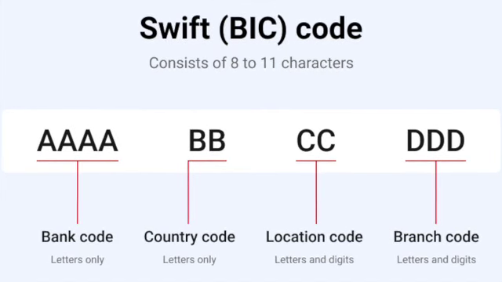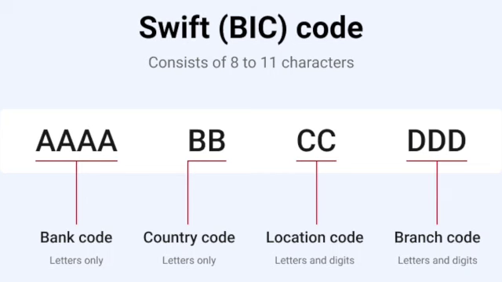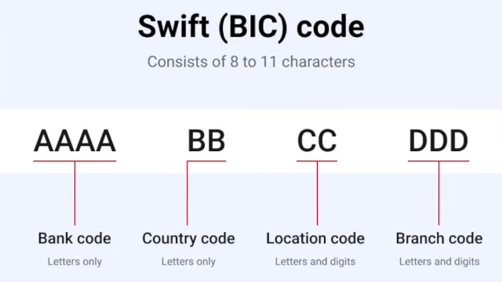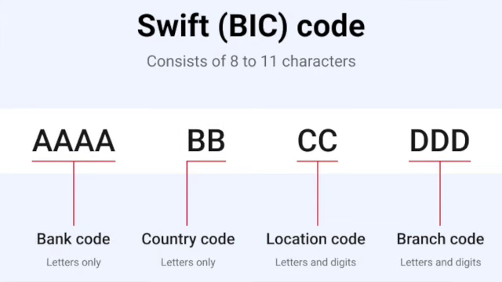So, as I said, the first 4 characters will be the institution code, the next 2 characters will be the country code, and the next 2 characters will be the location or the code of the city where the bank is.